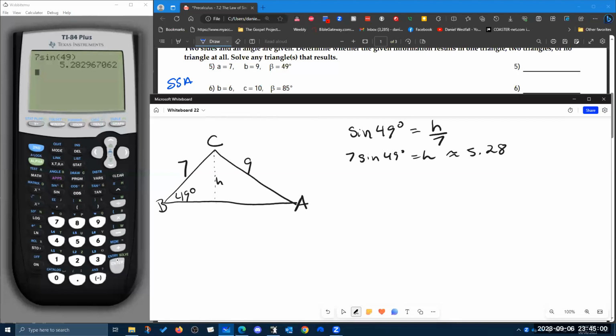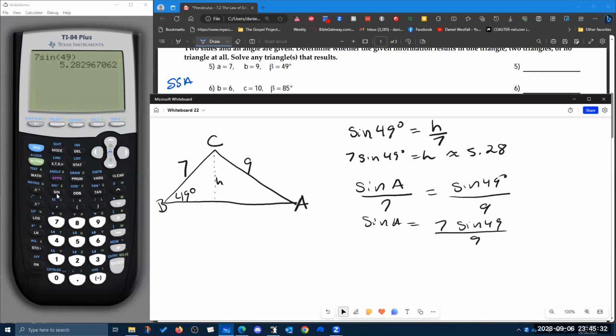We're going to use the law of sines here to try and solve for angle A by saying sine of angle A is to side a as sine of angle B is to side b. So sine of angle A is 7 sine of 49 degrees over 9. I do not want to round this.